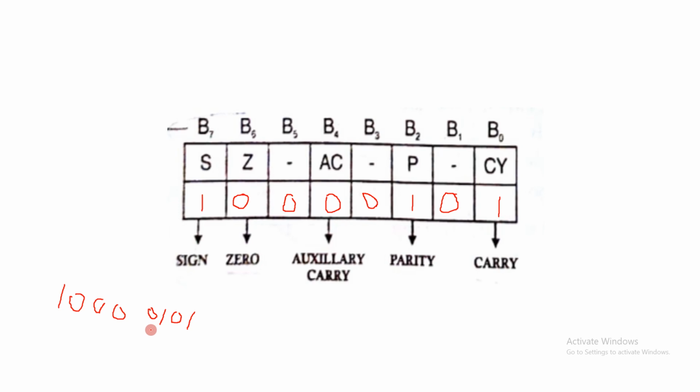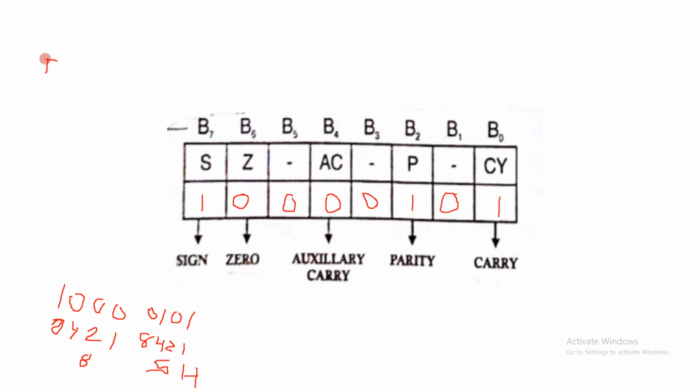I've already explained this. 4 bits. That means 8, 4, 2, 1. Similarly, 8, 4, 2, 1. So wherever there is 1, we will add this. 4 plus 1 is 5, 8. So 85H.